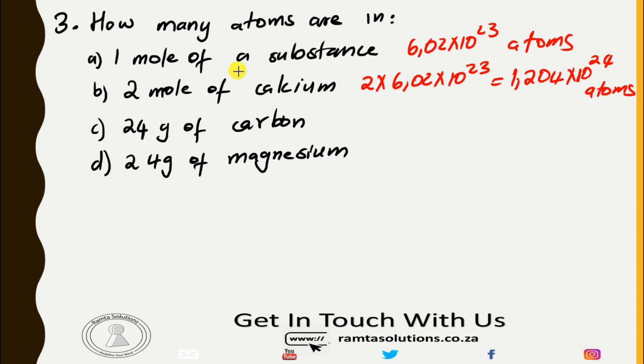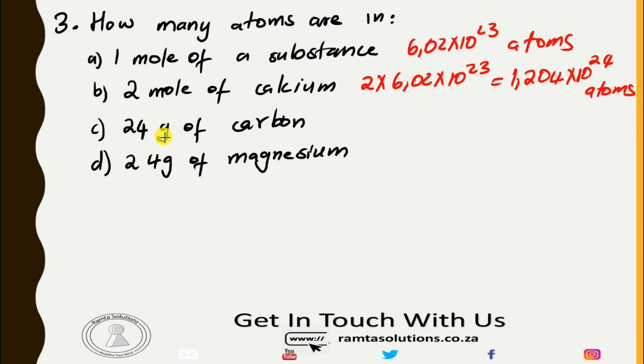So, now we have 24 grams of carbon. Remember that carbon-12 was basically our standard element, or our standard mass. And 12 grams of carbon-12 was equivalent to 6.02 times 10 to the 23 atoms. But this time around, you have 24 grams.